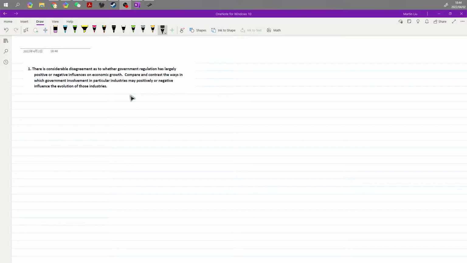Well, so let's begin. The first question says there is considerable disagreement as to whether government regulation has a largely positive or negative influence on economic growth. Compare and contrast the way in which government involvement in a particular industry may positively or negatively influence the evolution of these industries.